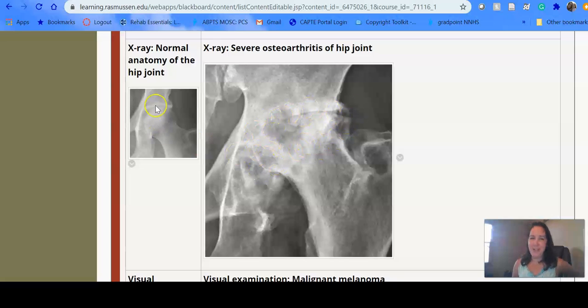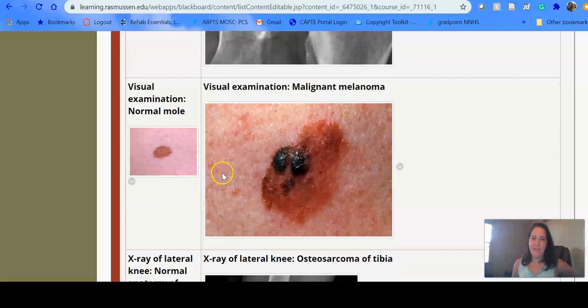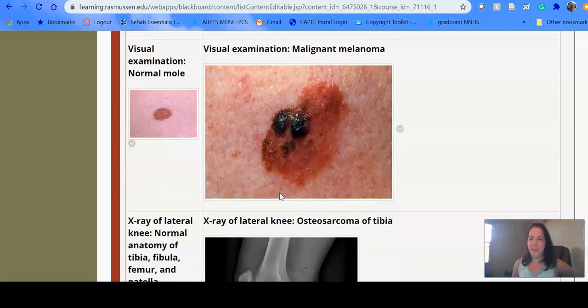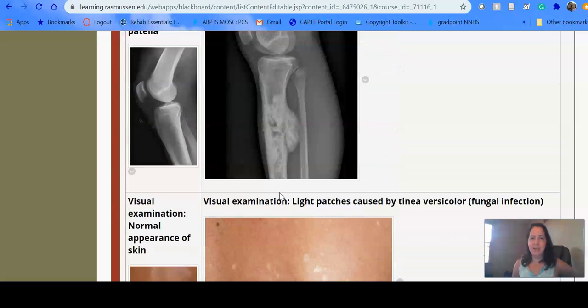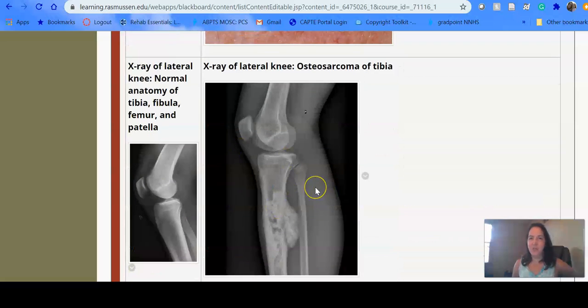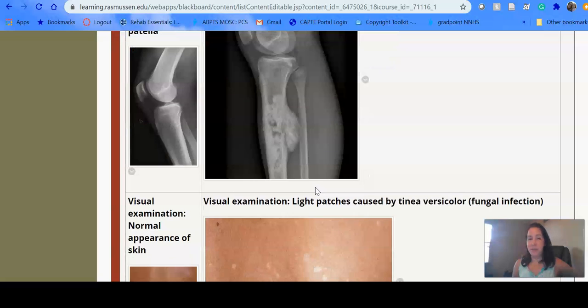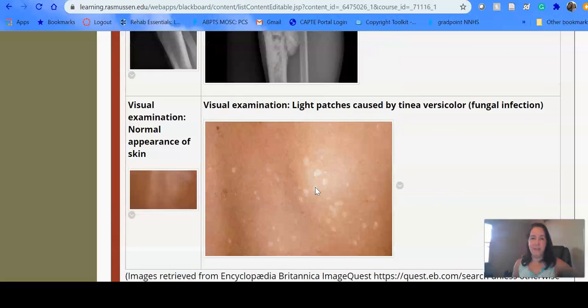You can see that it's very cloudy, so this is what a normal hip should look like, and here you're seeing all this cloudiness. That's osteoarthritis of the hip. And again, visual examination of melanoma, which is skin cancer, and so on and so forth. This one's showing you an osteosarcoma of the tibia, a tumor of the tibia.